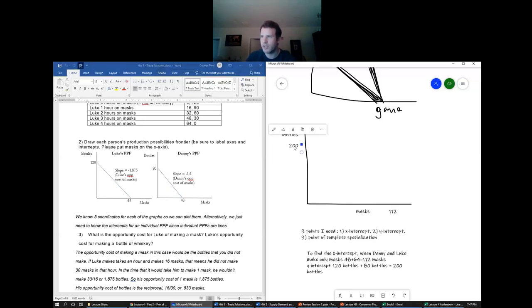So when they're both making bottles, if I were to take someone away and have them start making masks, I would want it to be the person with comparative advantage in masks. So it's going to start with Danny making masks.